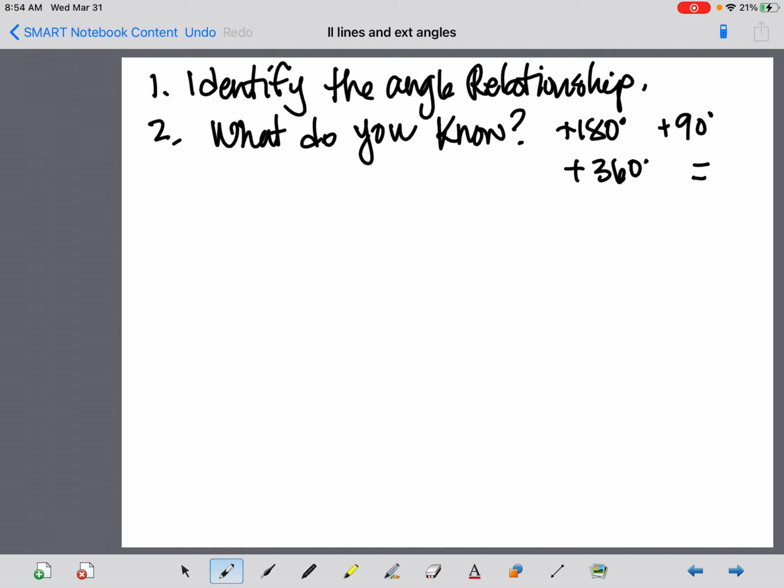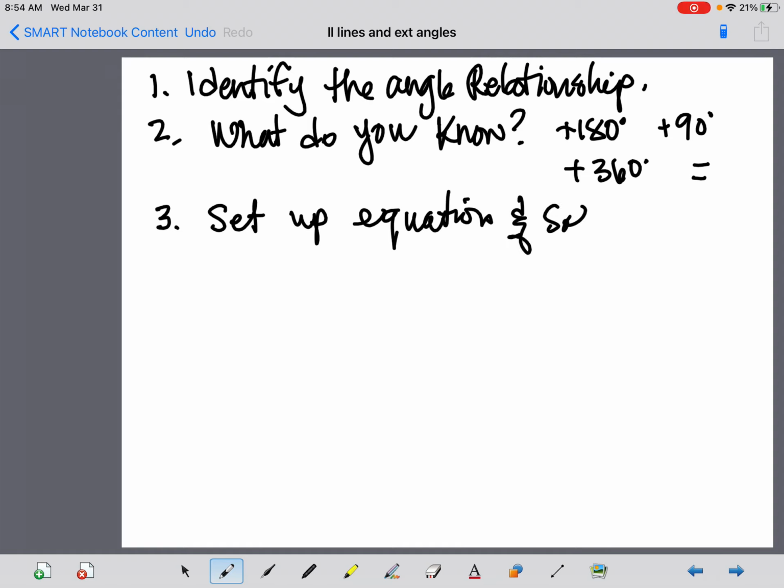Once we've identified the relationship, then we can figure out what we know about that relationship and then use that information to set up an equation and solve for the missing part. So those are the procedures that I use in order to complete today's work and to meet today's goal of solving for missing parts in an angle relationship.